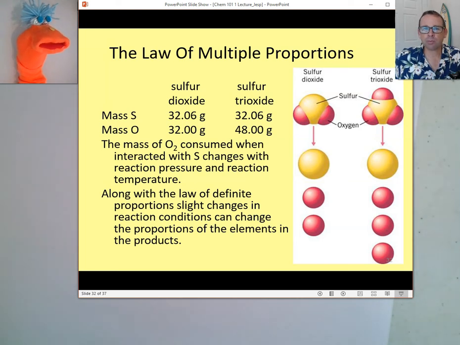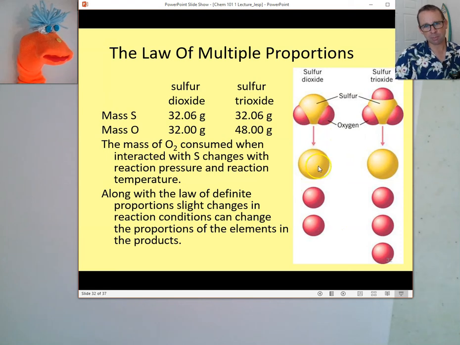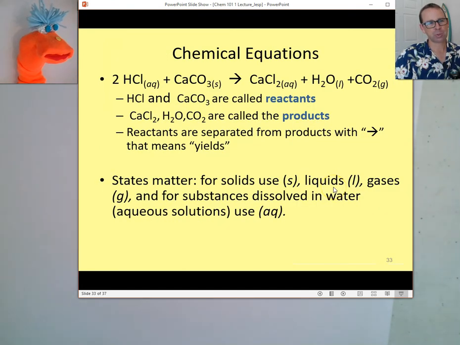If you perform the chemistry differently, at different pressures or under different conditions, temperatures, then you can get different products forming. Okay? So this we call the law of multiple proportions, basically showing that it is possible to combine elements some ways and form different compounds.